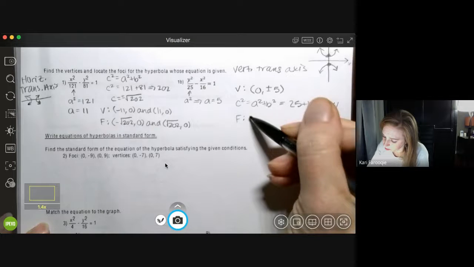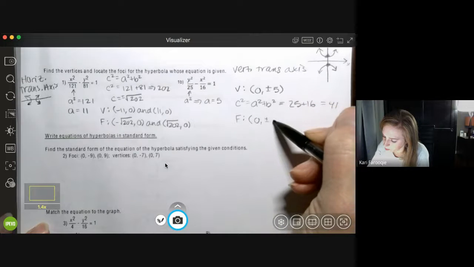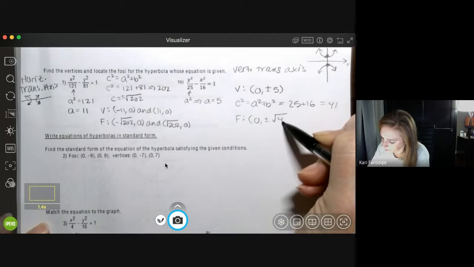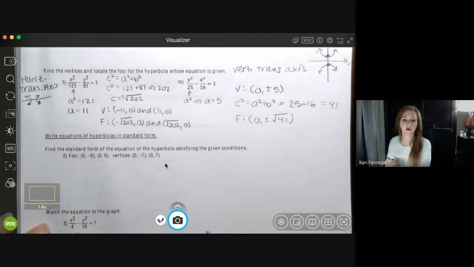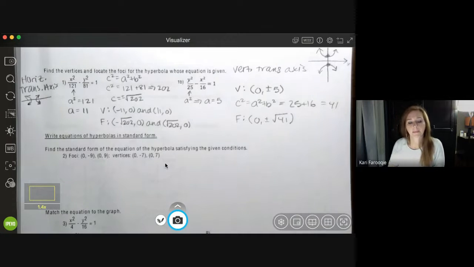And we're going to list those at 0 and plus or minus the square root of 41. And the square root of 41 must be more than 5 because 41 is greater than 25. So that's good. That's what you're looking for.